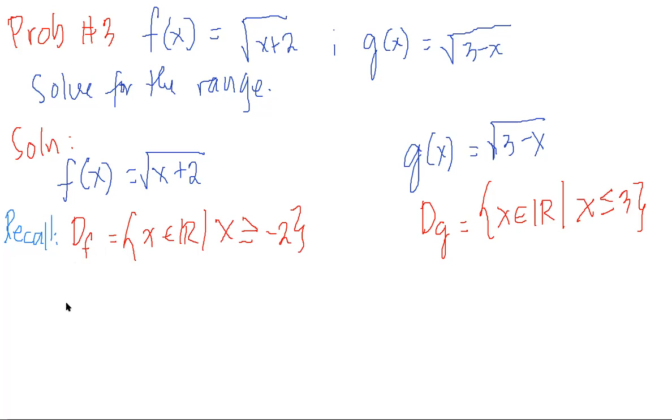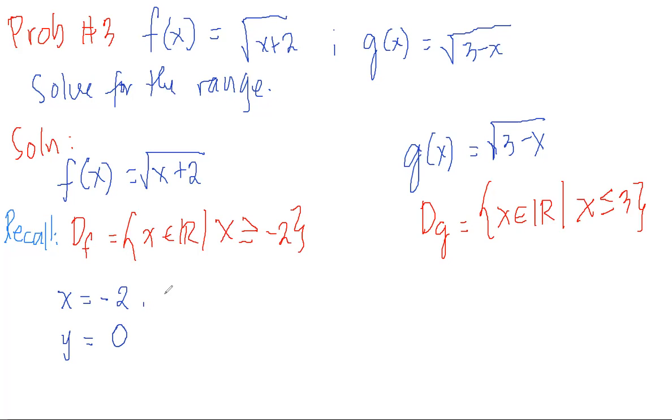The minimum value of x here is -2. When x is equal to -2, the value of the function f of x is equal to 0, because once we substitute -2 to x, this becomes -2 plus 2, which is 0, and the square root of 0 is 0.